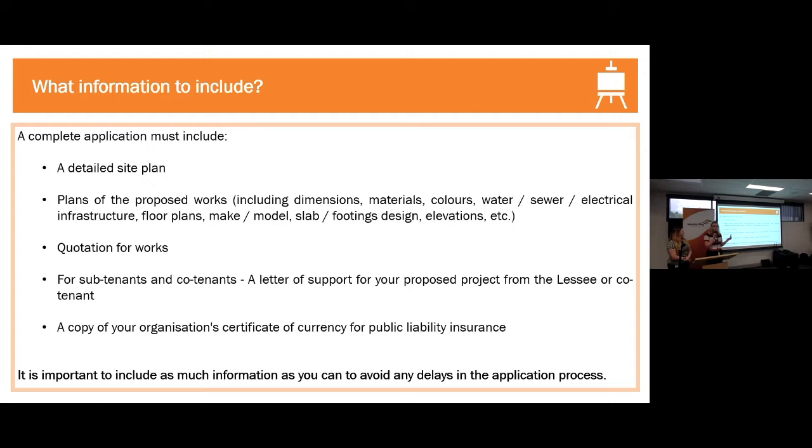Alrighty, so one of the most important parts of the improvement works process is the information that is submitted with the application. It's really important to include all of it. We really want to get an understanding of what your project is and what changes are going to happen. So in the case of the example project, let's take the shed that they're wanting to install.